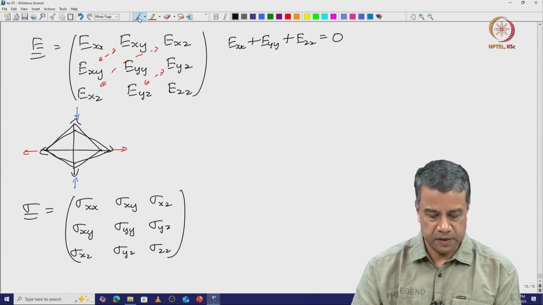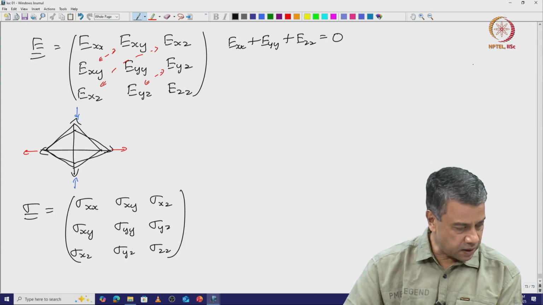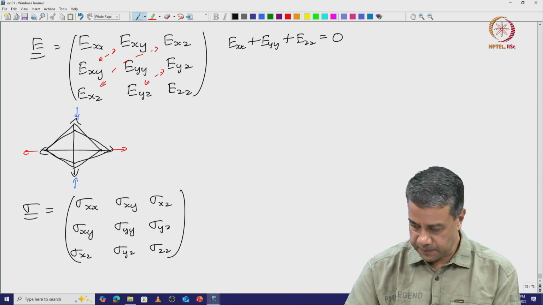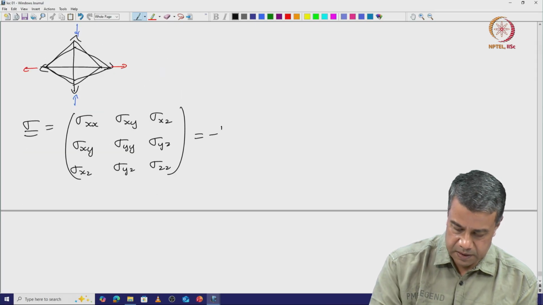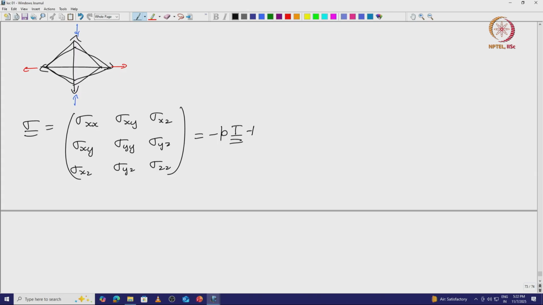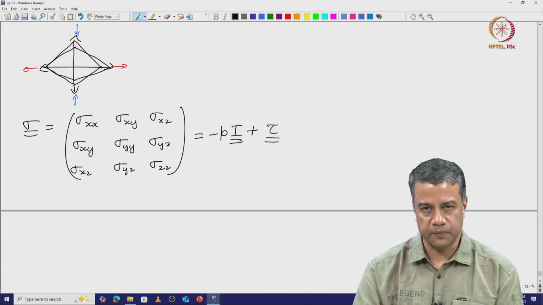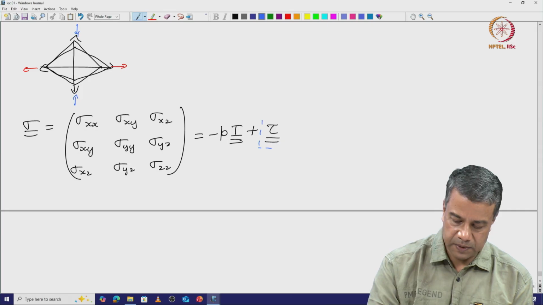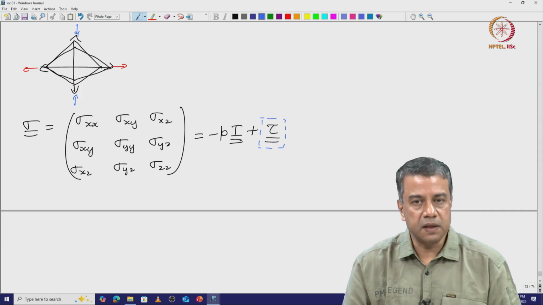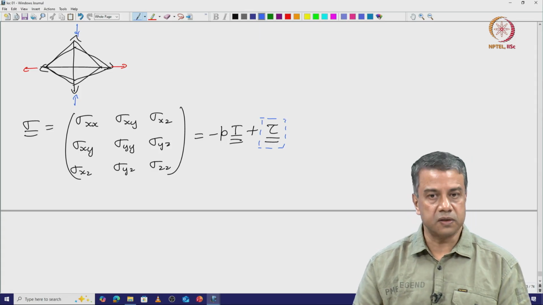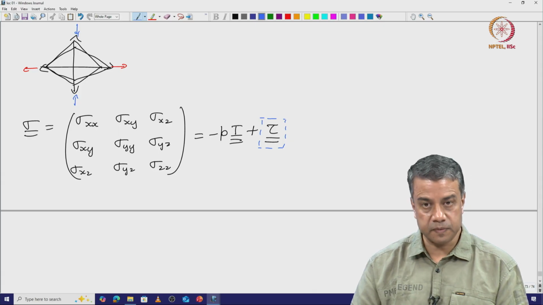That means that the off diagonal elements have to be equal. And I can write this as the sum of an isotropic tensor, which is the pressure, equal to minus P into I, plus a stress tensor. P is non-zero even in the absence of flow. It is the isotropic pressure. This second part is non-zero only when there is flow, and it has to be related to gradients of the velocity field. Note that since sigma, the stress tensor, is symmetric, this also has to be symmetric, so, therefore, tau also has to be symmetric.